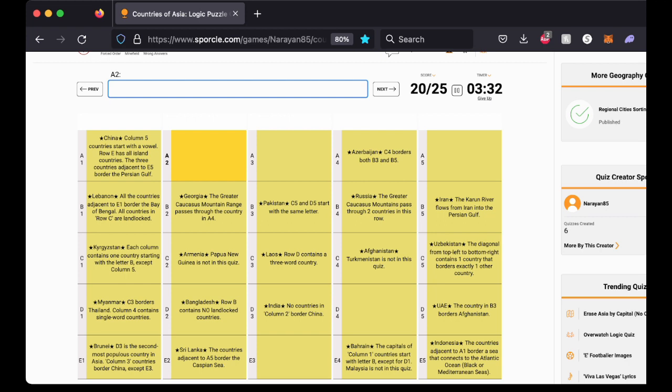So we need another. A2 needs to border the Black or Mediterranean Sea, and it cannot border China.